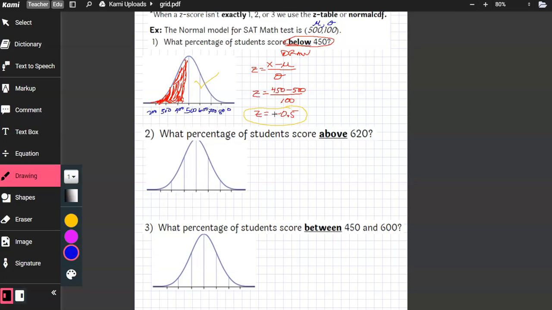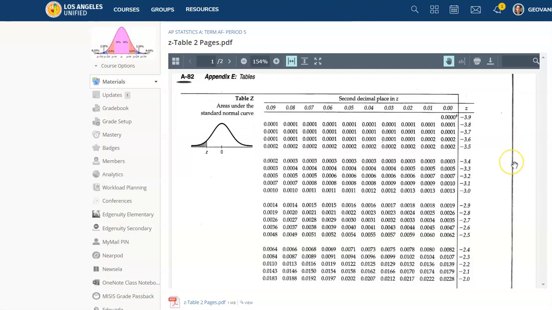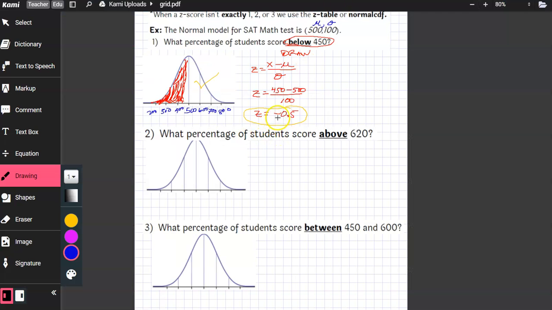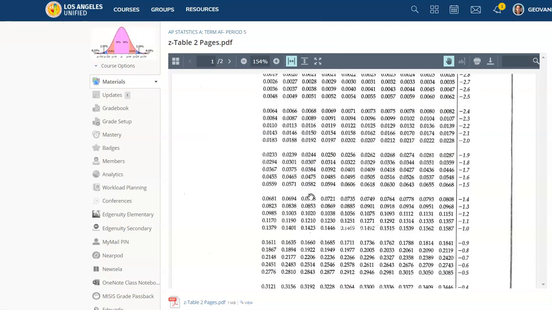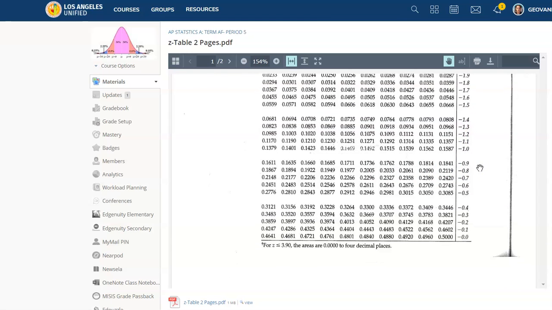So the way you read it in a z-table, there's another video for that. But if you look at this table, it has a lot of values here, but what you're looking for is negative 0.5. On the margins is where you see the z-scores.